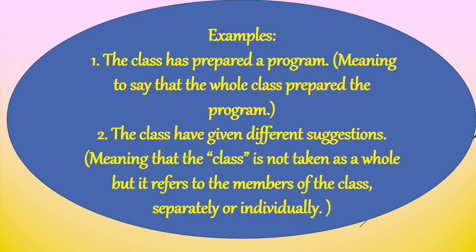The class has prepared a program, meaning the whole class prepared the program. The next example is, the class have given different suggestions, meaning the class is not taken as a whole, but it refers to the members of the class separately or individually. That's why have is used.